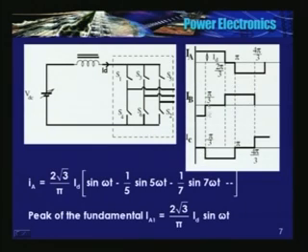So at any given time, say from 0 to pi by 3, it is 6 and 1. From pi by 3 to 2 pi by 3, it is 1 and 2.